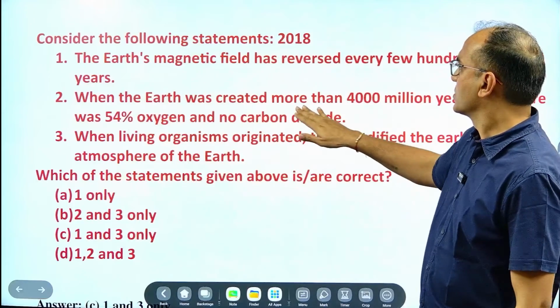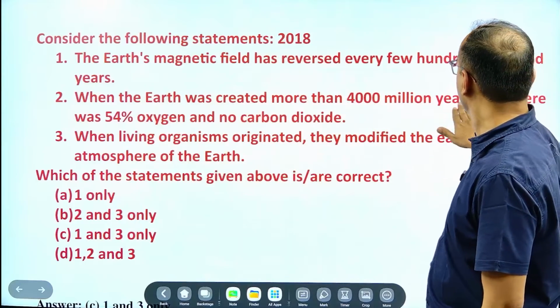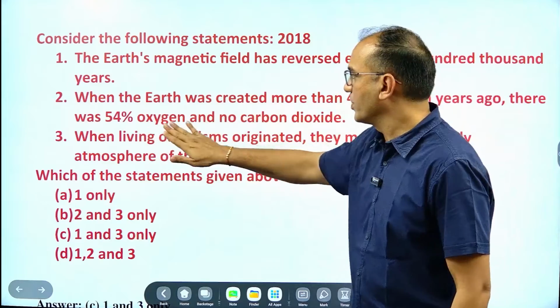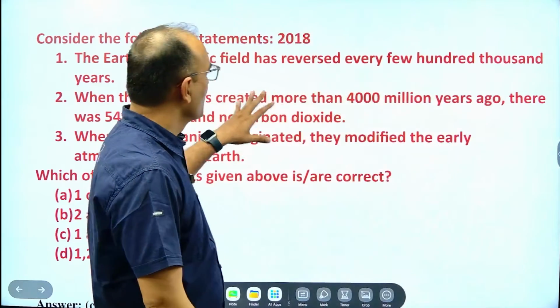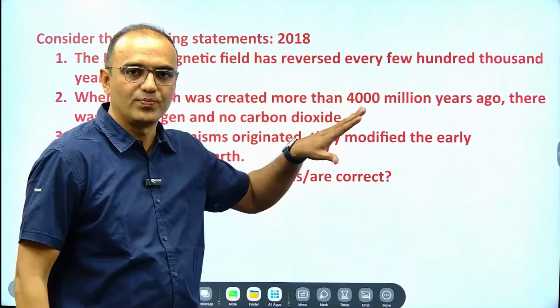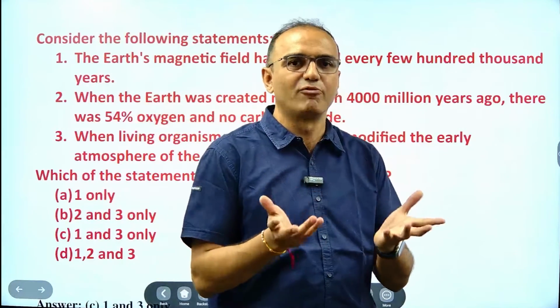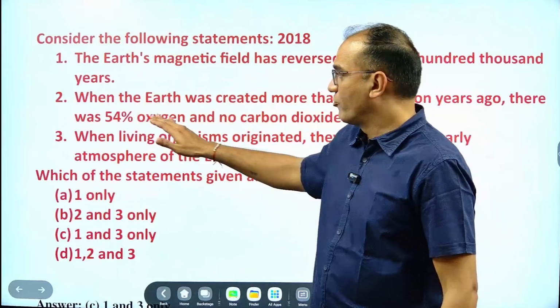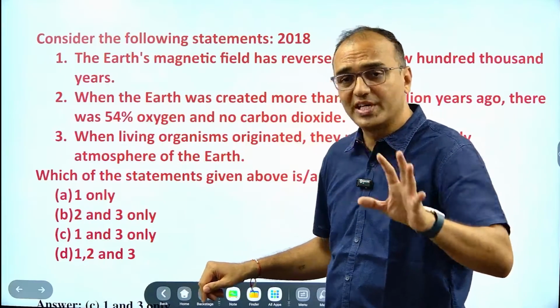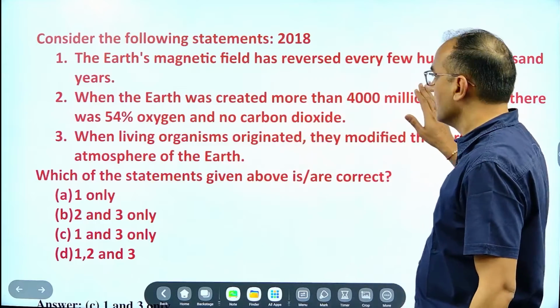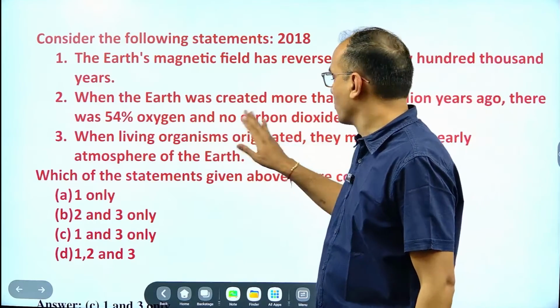Second, when the Earth was created more than 400 million years ago, there was 54% oxygen and no carbon dioxide. Don't worry about this number, 400 million years ago. The age of the Earth is nearly 4 billion years, right? Focus on this 54%. It is saying that when the Earth was originally created, there was 54% oxygen and no carbon dioxide.